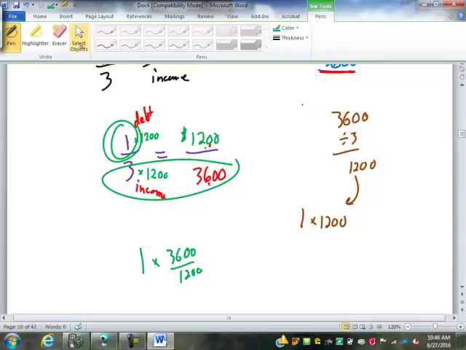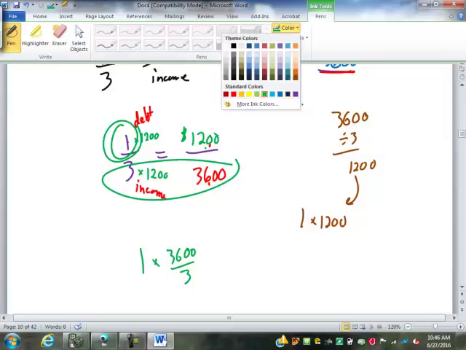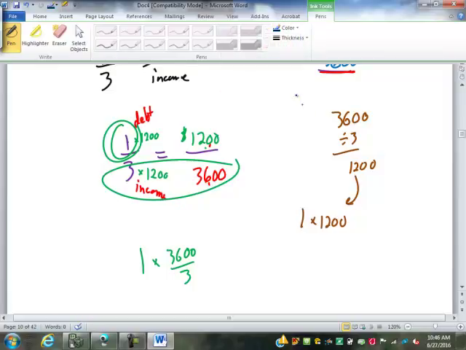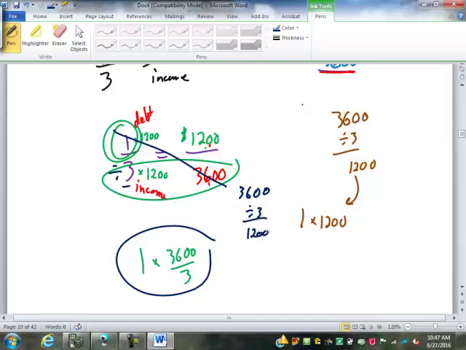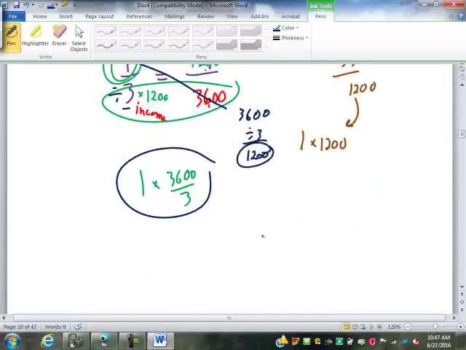Where did the 1,200 come from? 3,600 divided by 3. Because of that, there's a process. The shortcut is, they call it cross multiply and divide. So we're just going to multiply the 1 times 3,600 and then divide by 3, which is what we're doing here. 1 times 3,600 is 3,600, and divide by the 3: 1,200.